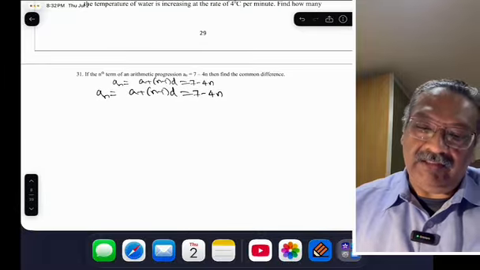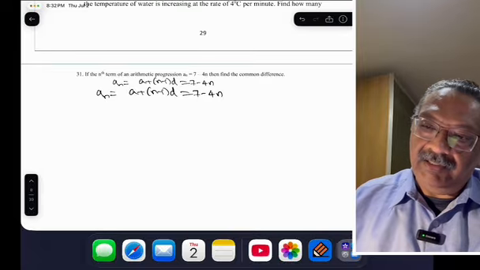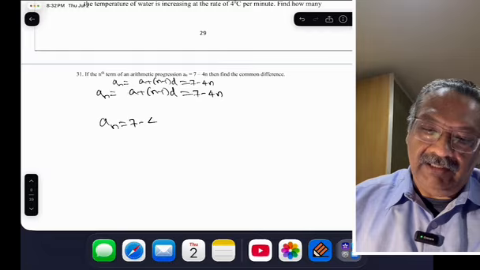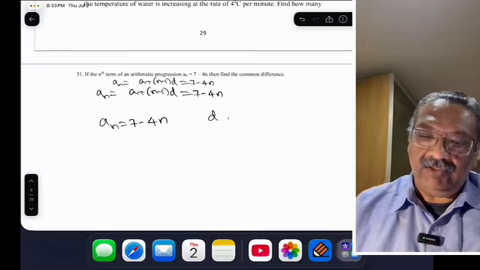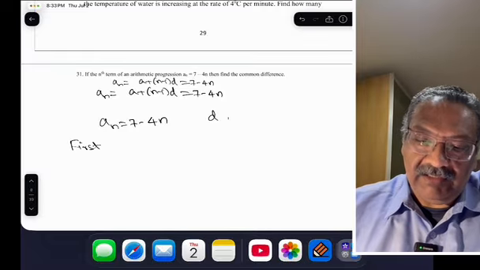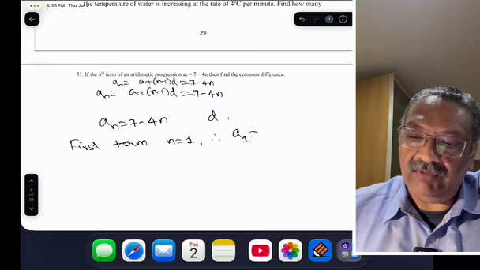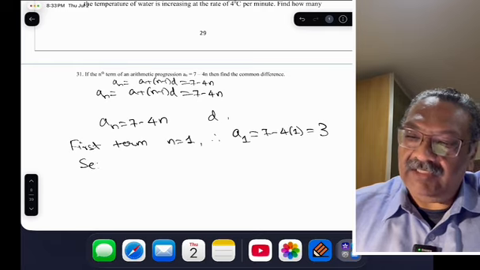See, if the nth term of an AP is given by an is equal to 7 minus 4n, then find d. So, let us find the first term. For the first term, n is equal to 1. Therefore, a1, which is the first term, is equal to 7 minus 4 into 1 is equal to 3.